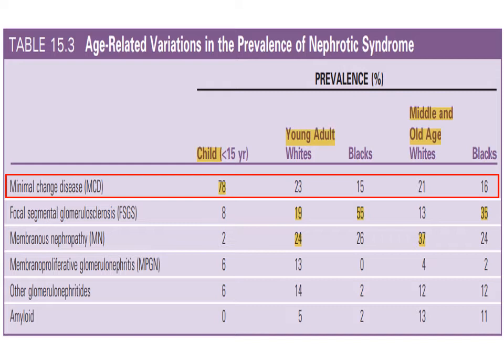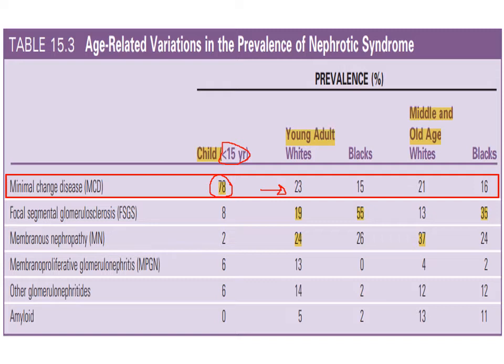What about prevalence? As we said, below the age of 15 years it is more common, accounting for 78% of cases. With increasing age, incidence decreases.